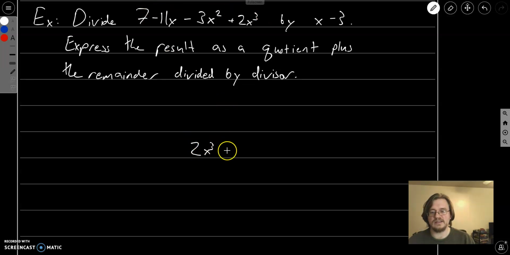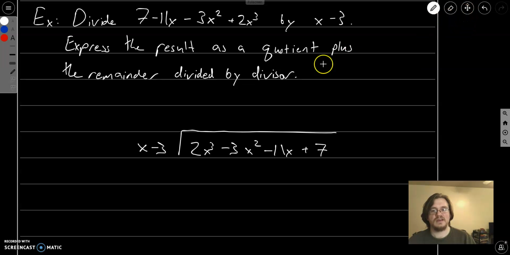If I do write it in descending order, I'll have 2x to the third as positive, minus 3x squared minus 11x plus 7, and I want to divide this by x minus 3. And it just says we want to express the result as the quotient plus the remainder divided by the divisor. So I'll show you what this looks like at the end.